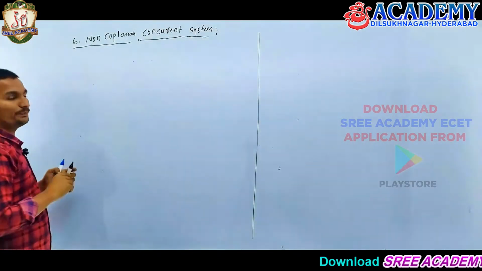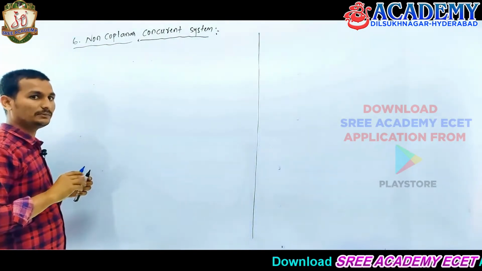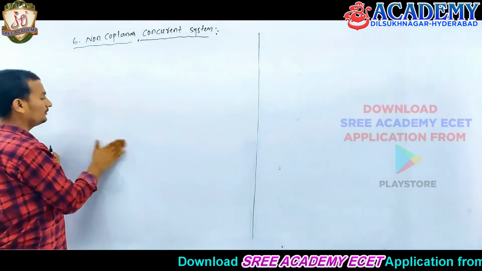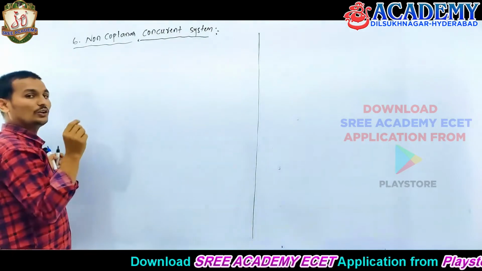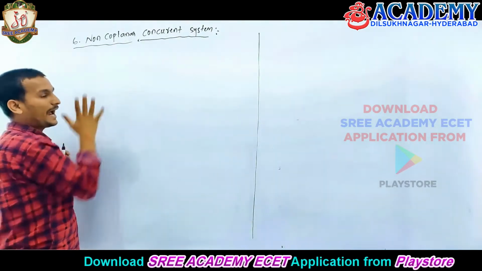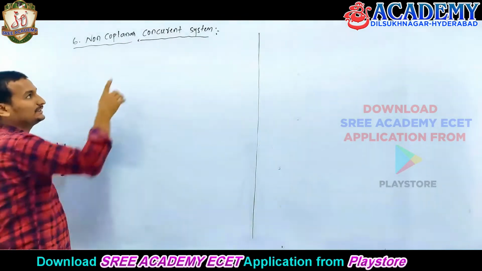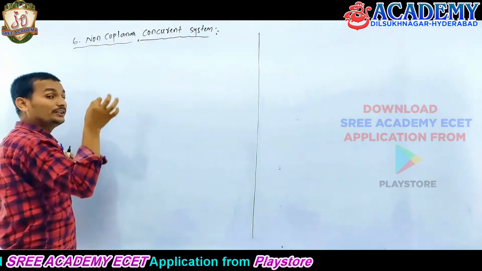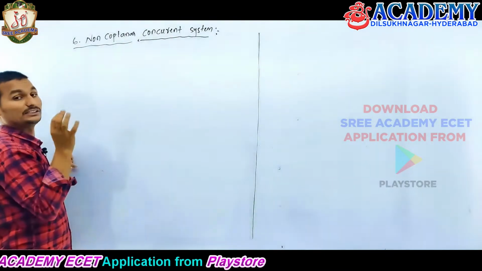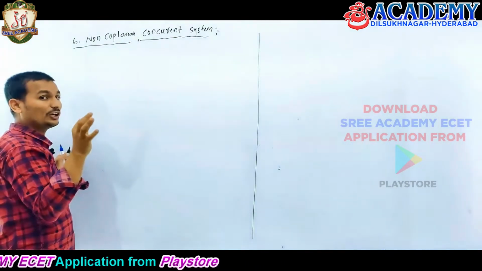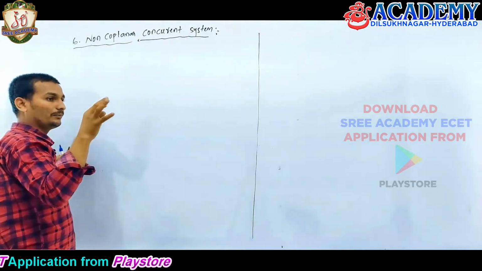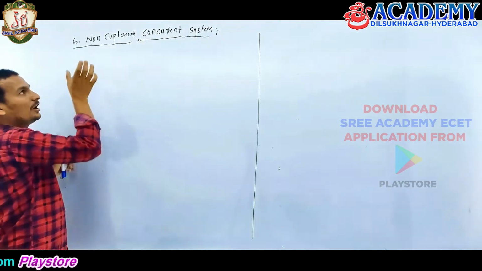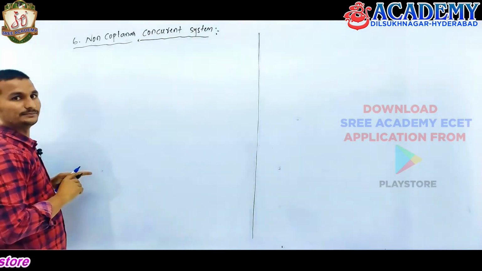Here, non-coplanar is nothing but that all the forces are not acting in the same axis, but concurrent. Concurrent is nothing but the forces are meeting at a single point. That means all the forces meeting at a single point is called a non-coplanar concurrent system.